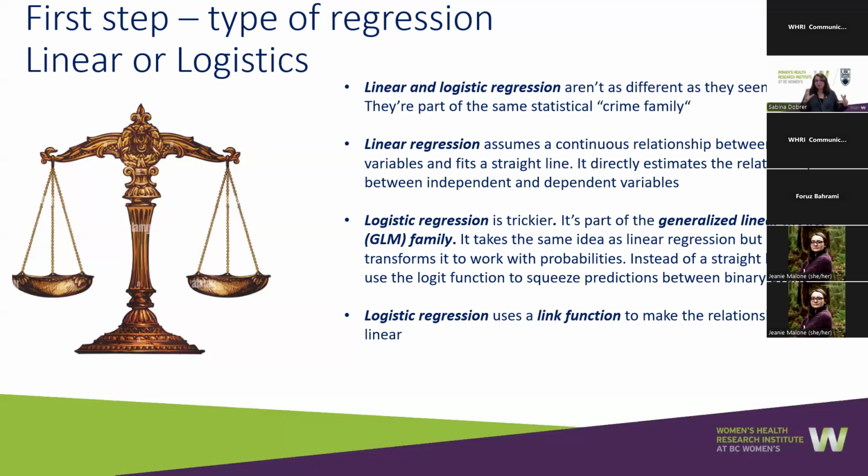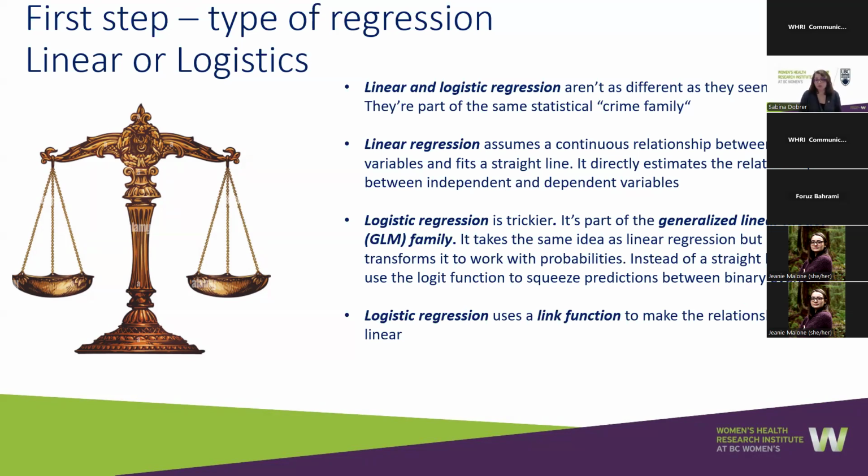So you have some kind of transformation to actually review the results and get your outcomes and compare, for example, in logistic regression, to compare odds ratios. It takes the same idea as linear regression, but I transform it to work as probabilities.